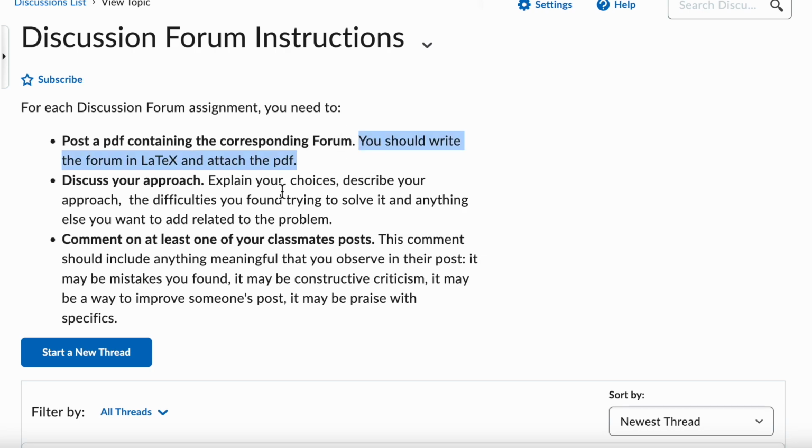You have to write the solution of a problem, but you also have to discuss your approach, explain your choices, describe your approach, and the difficulties, if you find any. You have to write that also. And also, you have to comment on at least one of your classmates' posts. Be sure that this comment is a meaningful one.